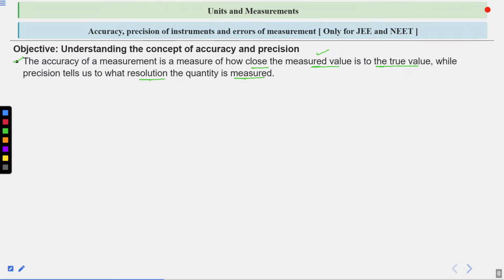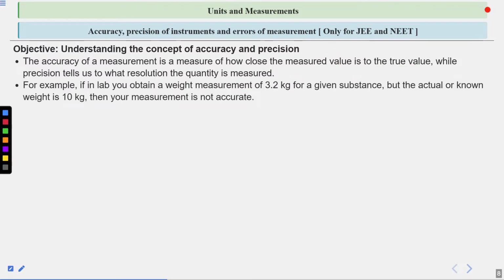Suppose we have two values. First value is the theoretical value. Second value is the experimentally measured value. When we compare both the theoretical value and the experimental value, from the comparison we can calculate the accuracy between them, while precision tells us to what resolution the quantity is measured.